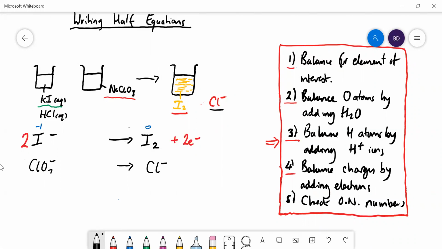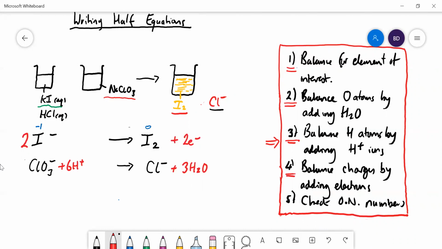So 1, balance the element of interest. 1 chlorine on each side, so that's fine. 2, balance the oxygens, so we need to put 3 H2O there. There's 3 oxygens on the left. Number 3, balance the hydrogens by adding H+, so we want 6 H+ there.